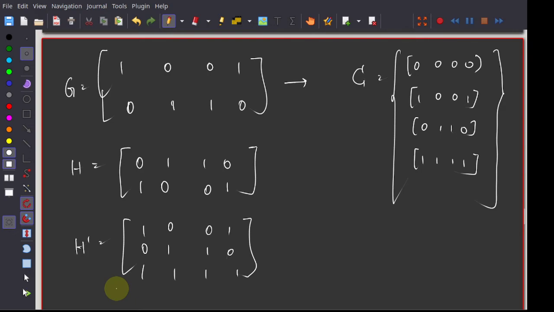Now let's look at H prime. What can you say about H prime? Does H prime have full rank? What is the rank of a matrix? What is the rank of H prime?